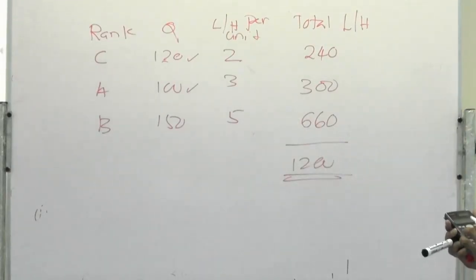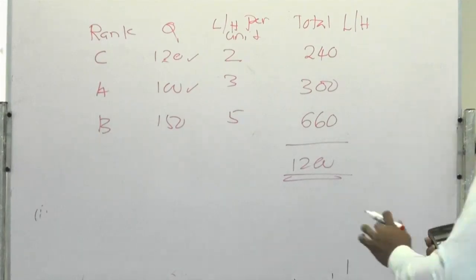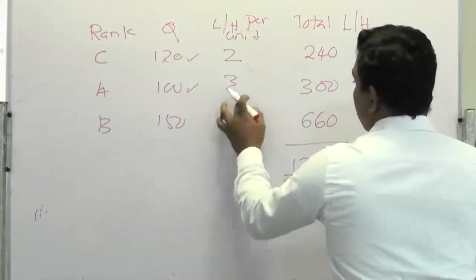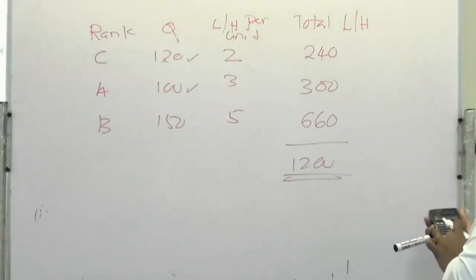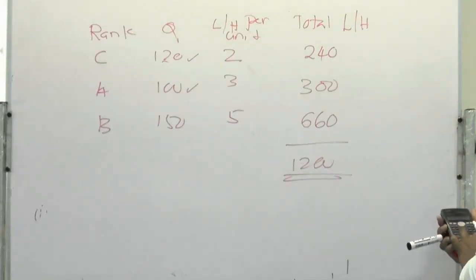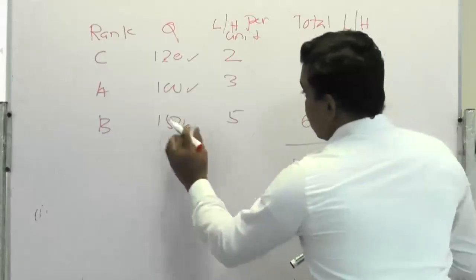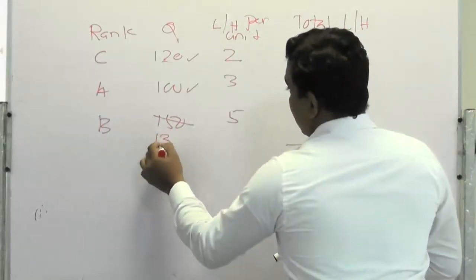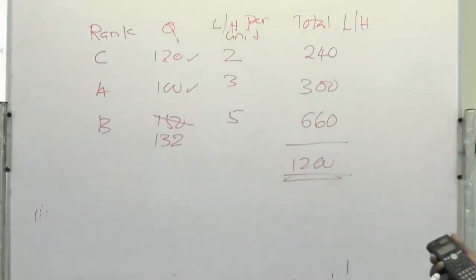Let's see from 660 how much we can produce by using 5 hours per unit. Divide 660 by 5. You can produce 132, not 150. That's how you have to decide your production plan according to the limiting factor analysis.